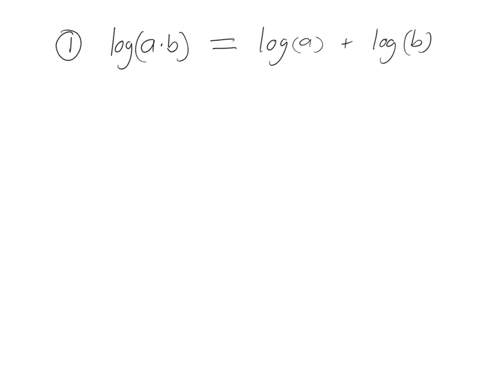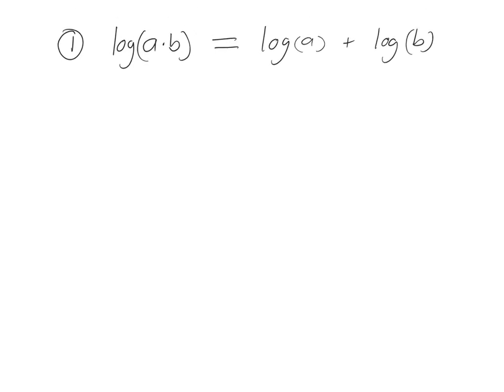Finally, there are 3 rules about logarithms that you should remember. The first one is that the log of the product of two numbers, a times b, is the same as the logarithm of the first number plus the logarithm of the second number.